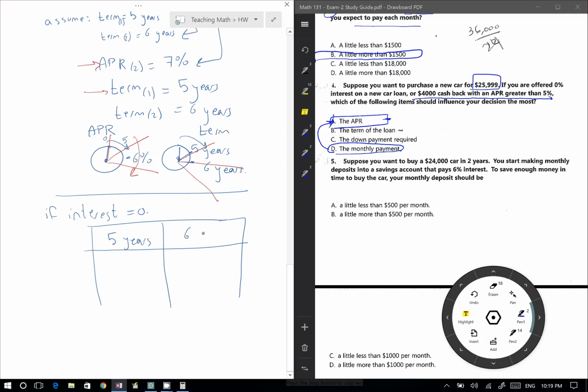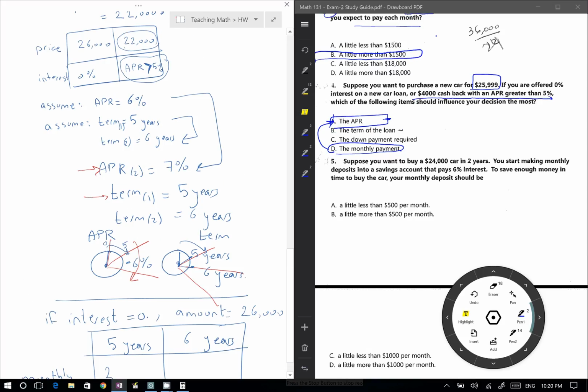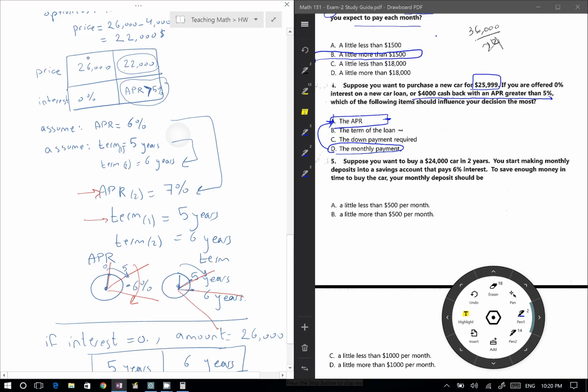I'll do 6 years. I'll calculate monthly payments. This will be simply 26. So the amount, if interest is 0, amount is 26,000. This is what we agreed on. We're examining this option A. Let's call it option A.